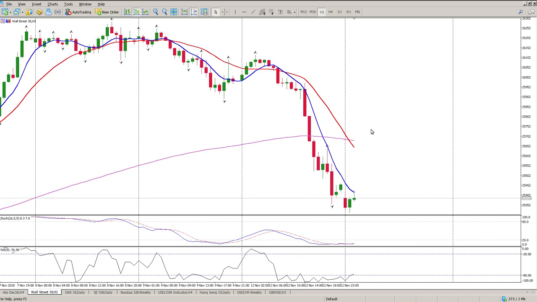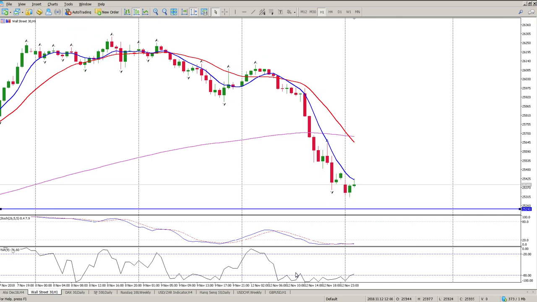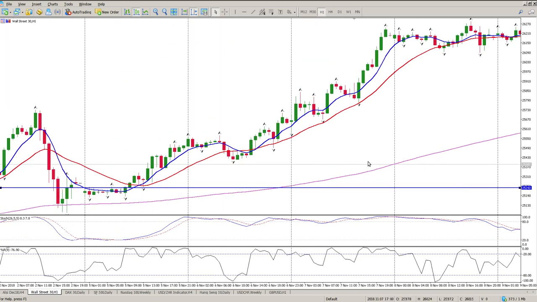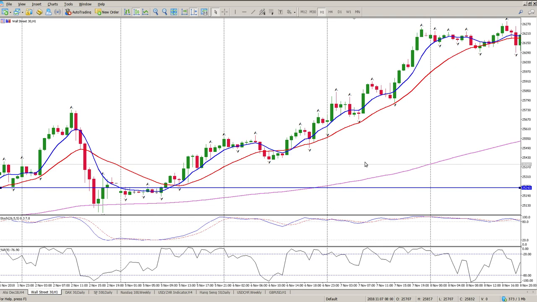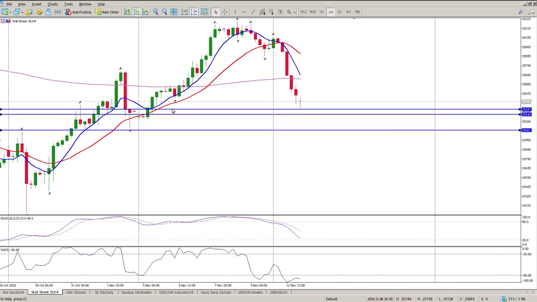Okay, so at this stage, we have a signal, our oscillators all down here. We do not have a level. Now there may be a level on the hour here, but the levels you're looking for are at a minimum of the 4 hour. Okay, that is a level on the 4 hour.